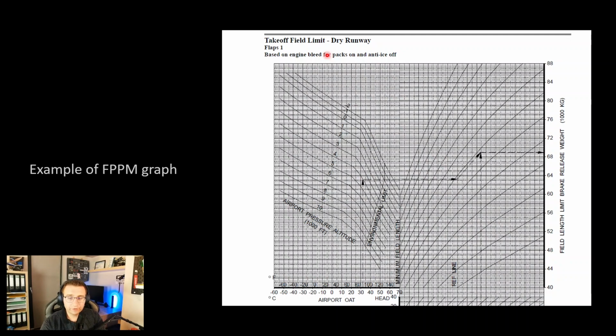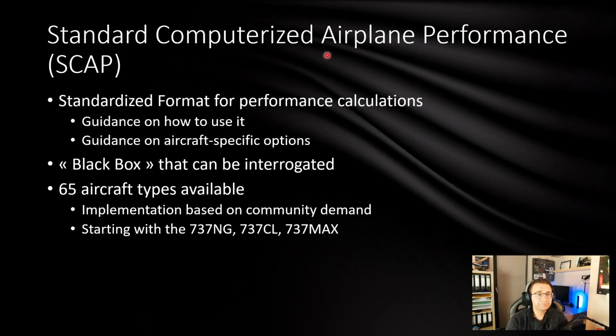So what's the new way with the provider? The new way, we're going to use the SCAP file. SCAP is short for Standard Computerized Airplane Performance, which, like the name suggests, is a standardized format for performance calculation. There's basically a guidance on how to use those files, and a guidance by the manufacturer on the aircraft-specific options.